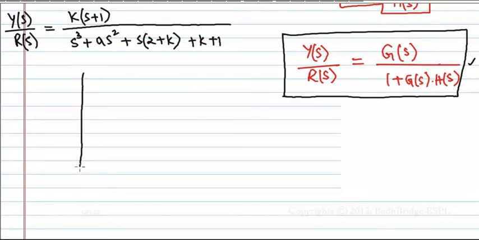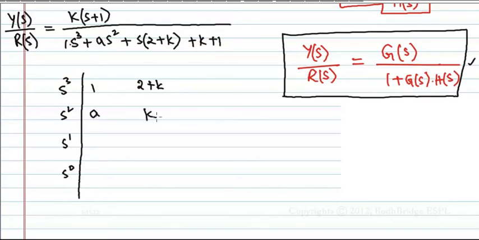make a Routh-Hurwitz table, that is s cube, s square, s power 1 and s power 0. And write these. 1 is the coefficient of s cube. Then for s, coefficient 2 plus k here. Next write the coefficient of s square here, a, alternate coefficients.